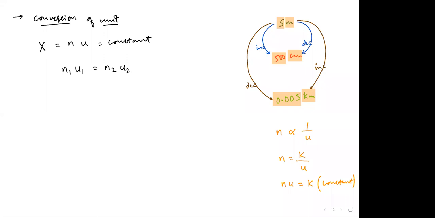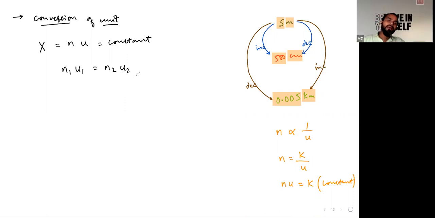Now the next part is to define. We can write the unit in terms of dimension, as dimension describes nothing but the SI unit related to the given quantity. So we can write the unit as M raised to the power x, L raised to the power y, and T raised to the power z. Now put the value of unit in this expression.